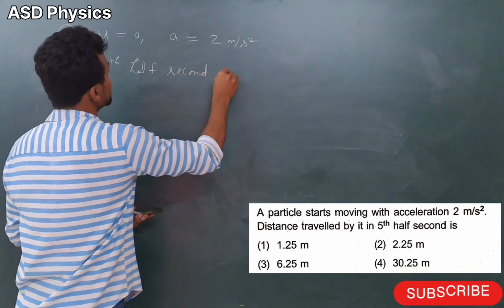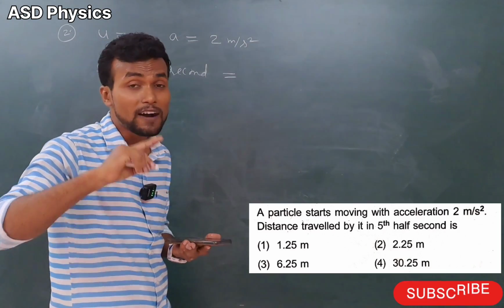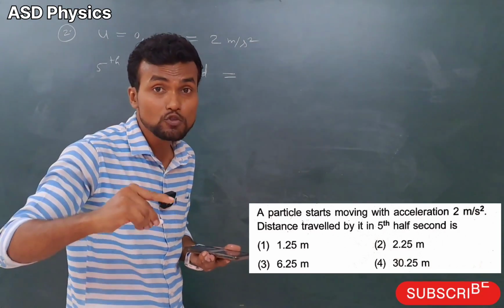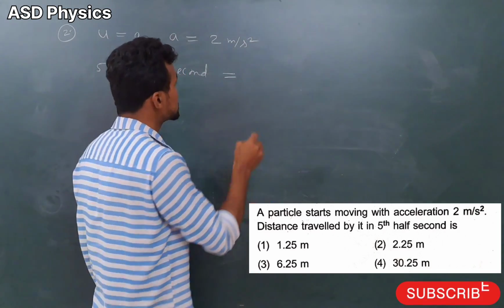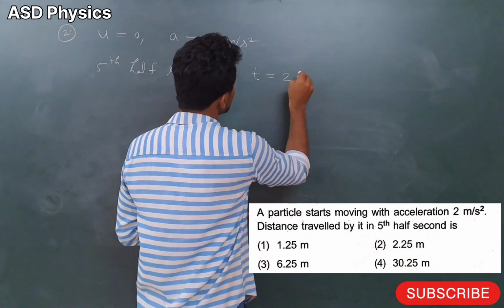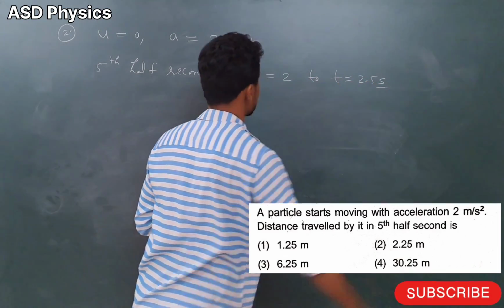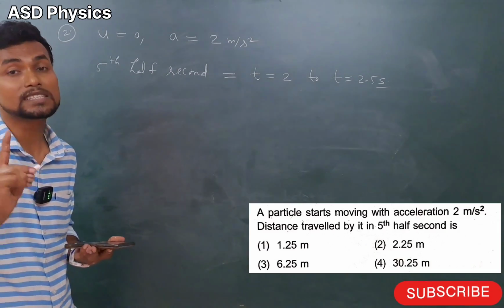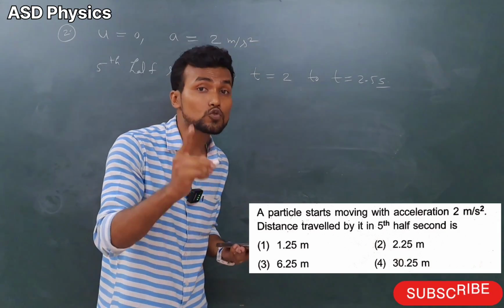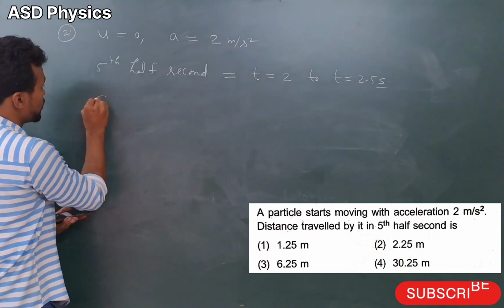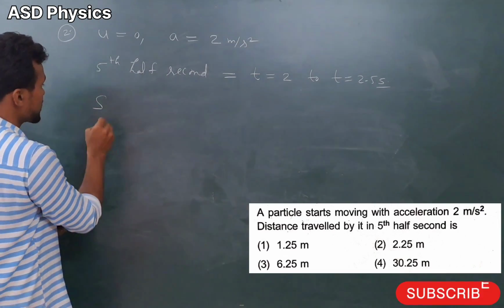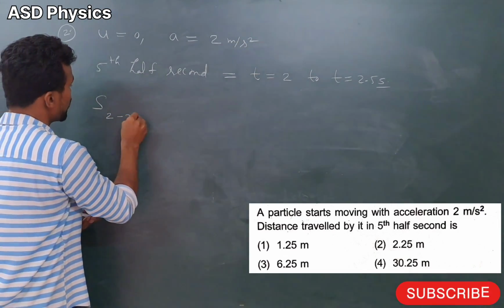Here you have to understand one thing: what is the meaning of the fifth half second? Understand please. Fifth half means divide 5 by 2. So 5/2 is how much? 2.5. That means the fifth half second actually means t equal to 2 to t equal to 2.5 second. Now if I ask about the distance travelled, then where to where? 2 to 2.5.